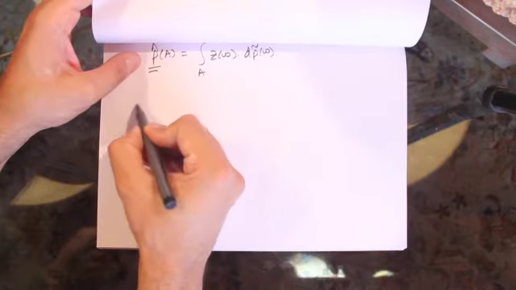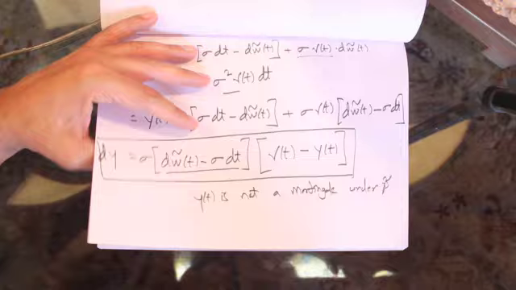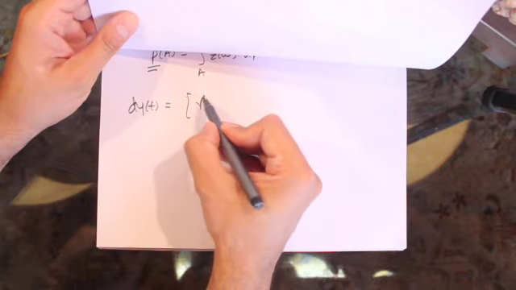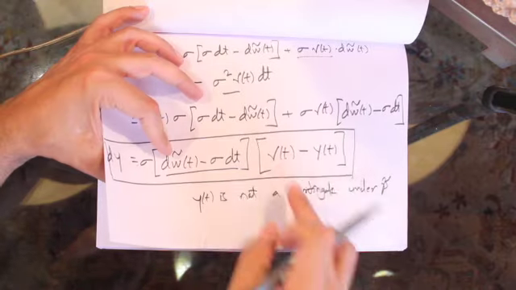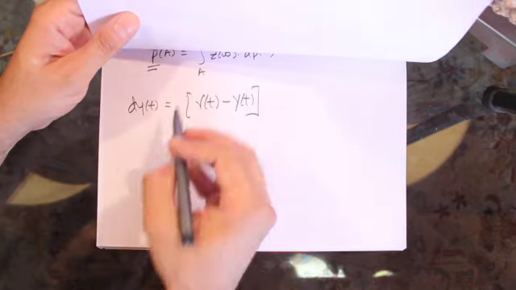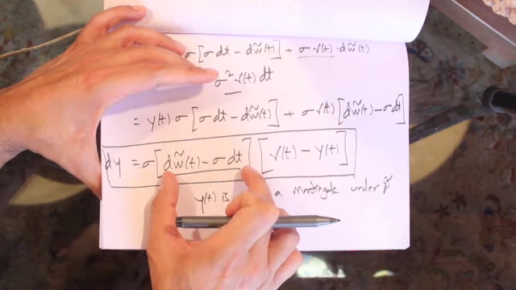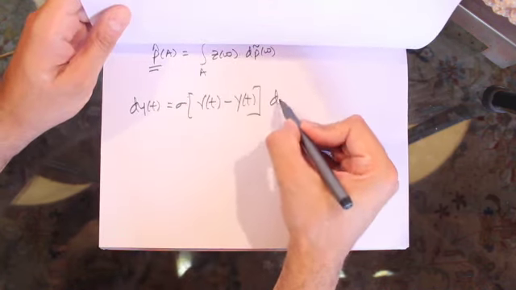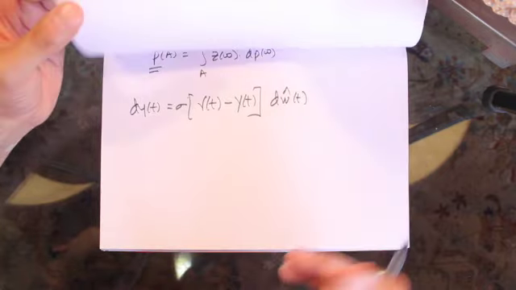So then in that case we'll get dY(t) is equal to gamma(t) minus Y(t), and we have a sigma here, let's not forget the sigma, and this would just be dW hat(t), right?